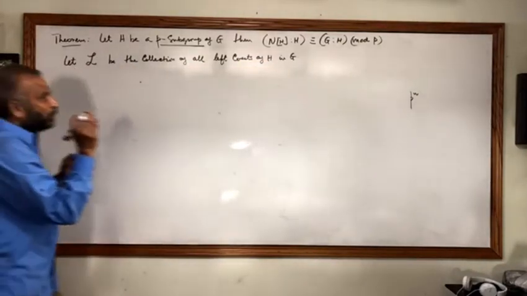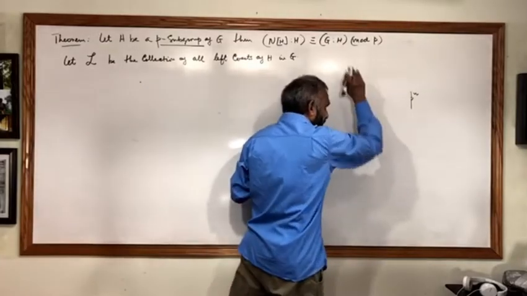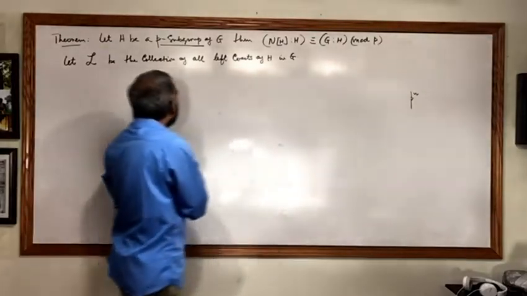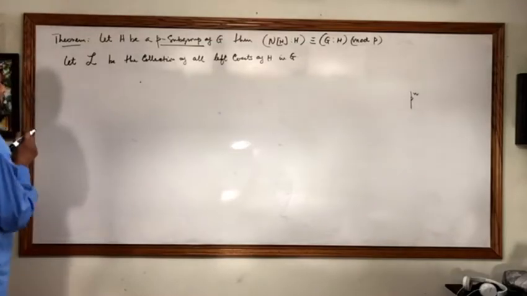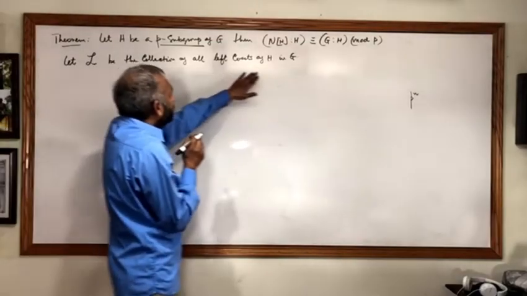We are going to make use of this and our first result in this chapter. So here L is the collection of all left cosets of H.